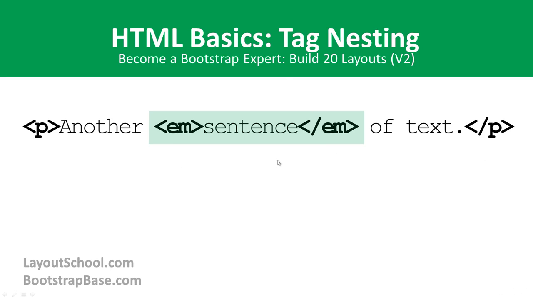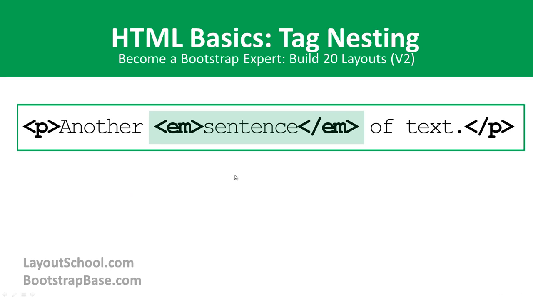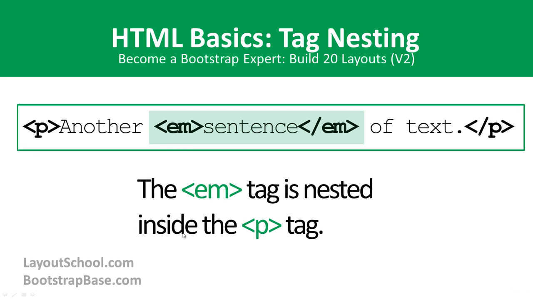So this is known as an example of a child tag, and the P, the paragraph tag, in this case is the parent element or the parent tag. So the parent tag contains the child tag, and that's basically tag nesting. This is the P tag for paragraph and this is the M tag for emphasis. Okay, so the M tag is nested inside the P tag.